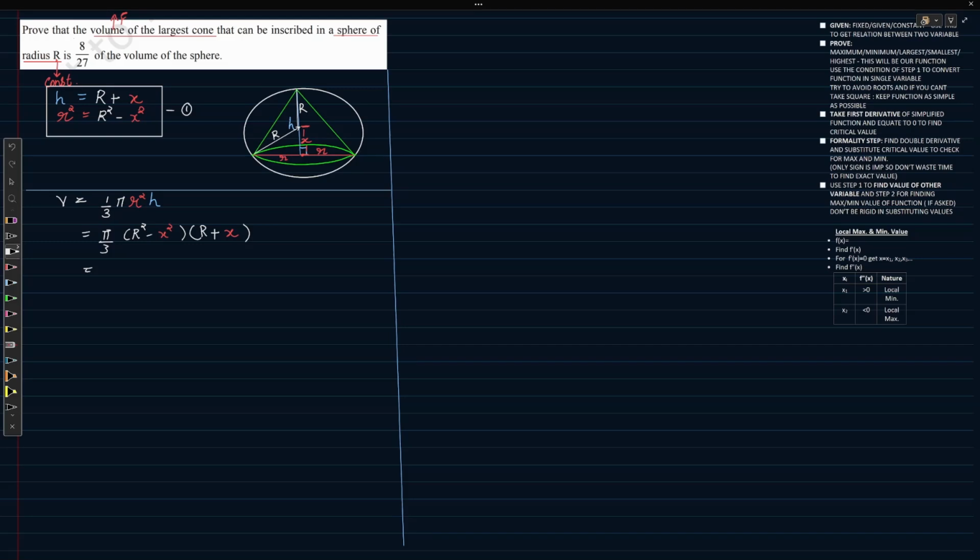Product form में नहीं रखेंगे, will always convert into simplified form. So we'll expand the bracket. Pi by 3 will remain constant. Inside the bracket, capital R square into capital R will become R cube. Then plus R square into x minus R into x square minus x cube.